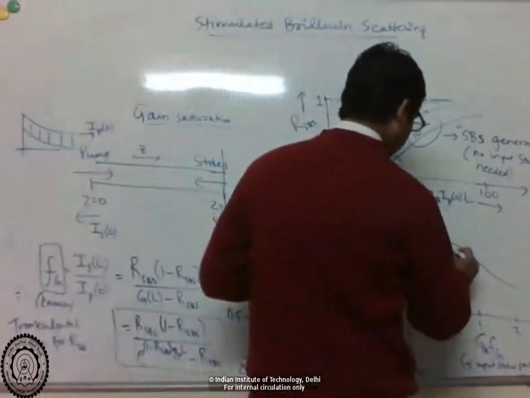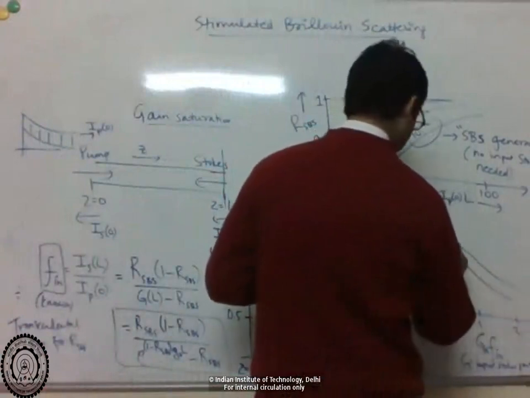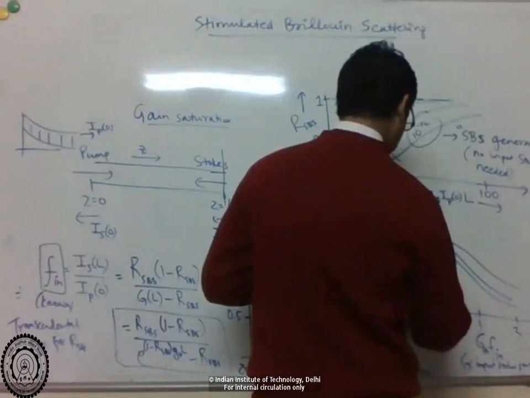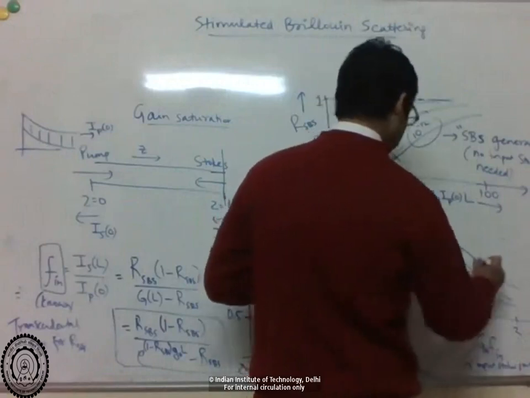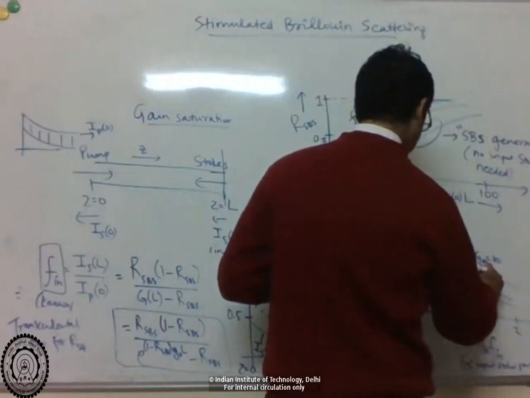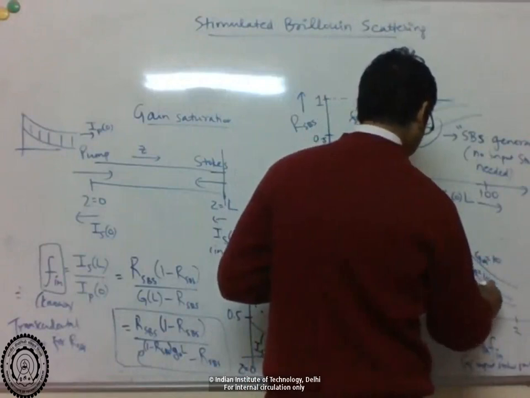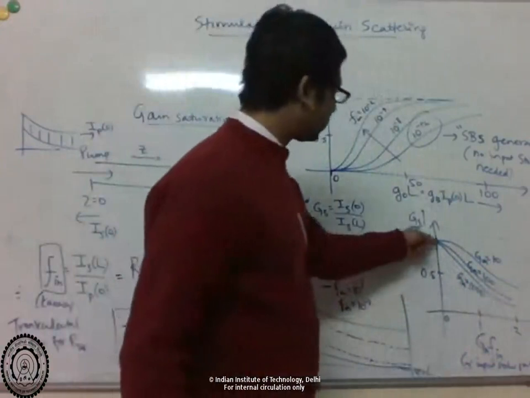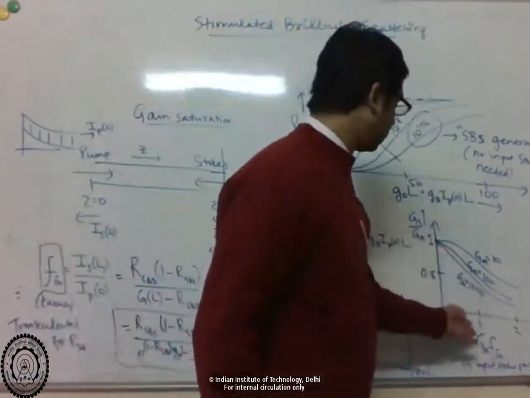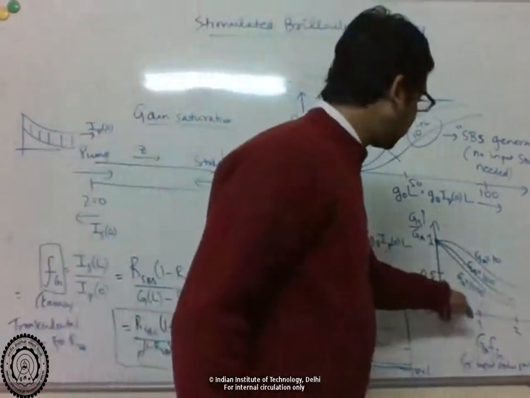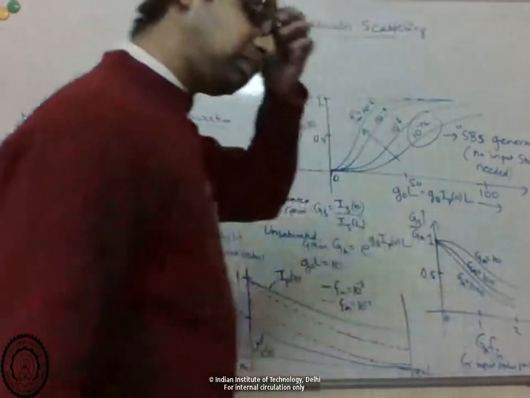Again you can plot this for different values. This is for an unsaturated gain of 10. This is for 100. So the higher the unsaturated gain, the faster it starts falling because you reach pump depletion faster. So at a smaller input itself, the gain starts falling.